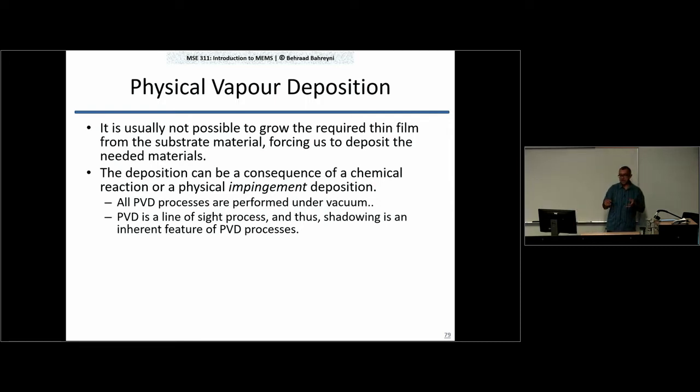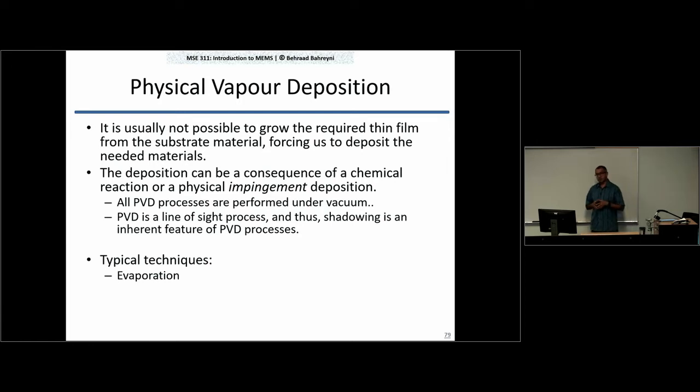And because of that, you have shadowing issues, right? If there's an obstacle, which could be another topography on the surface of your wafer, it can create a shadow of itself onto the film that is getting deposited on the surface.